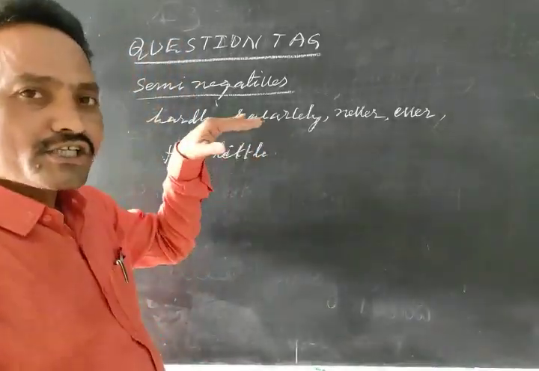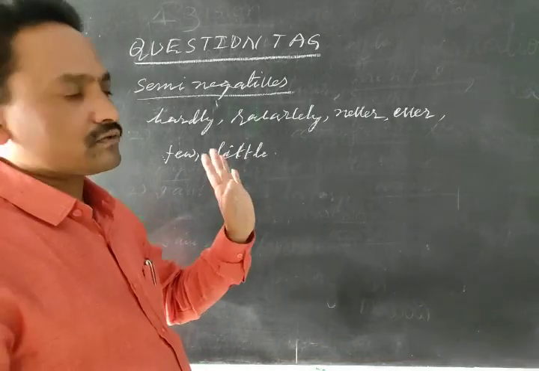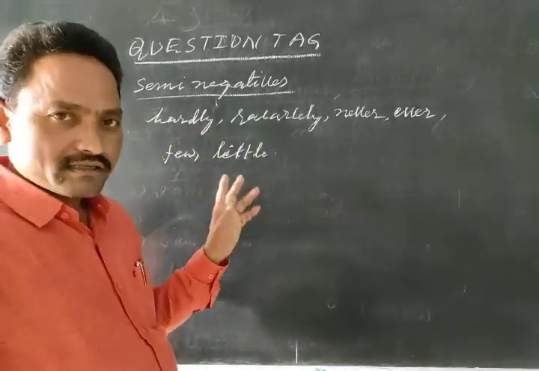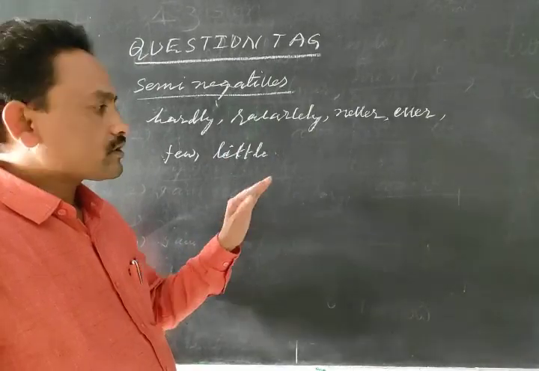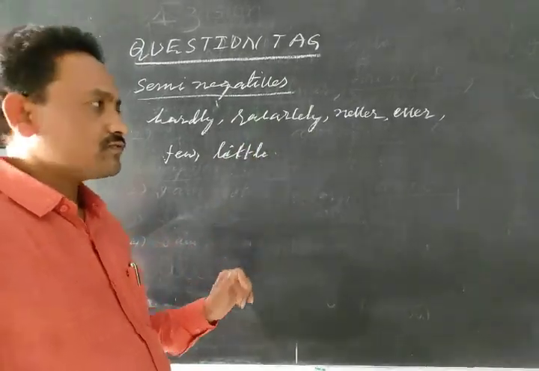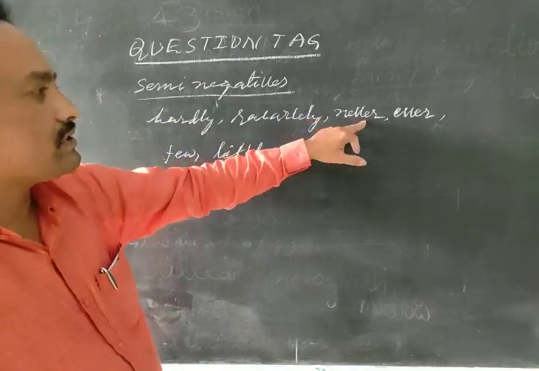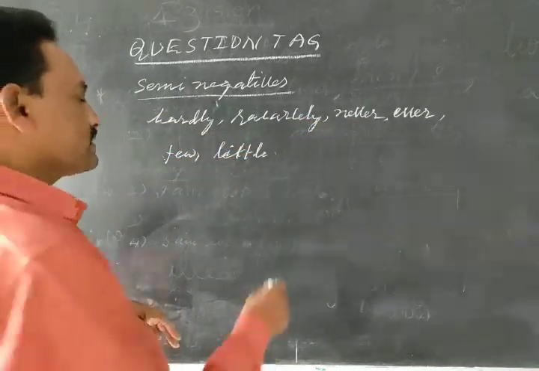These are semi-negatives, in fact negatives. If any word among these is given in a statement, the question tag is positive. For example, see once again: hardly, scarcely, never, ever, few, little, etc.